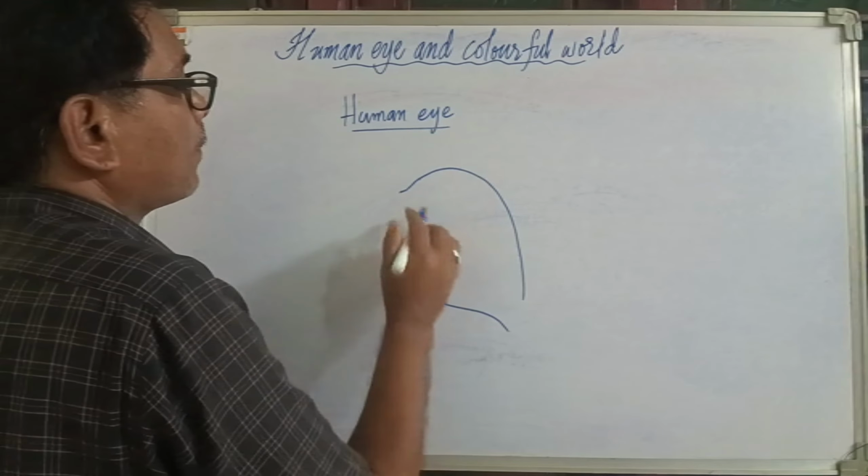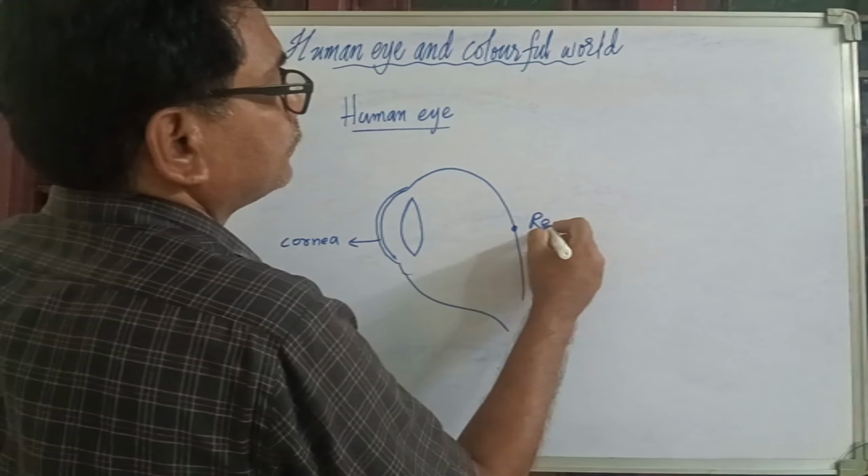This is called the cornea. The outer part of the eye is called the cornea. Now the human eye contains a convex lens. The working of a convex lens is to converge light. So all the light that is falling along with the image gets converged on the retina. So this part is called the retina.